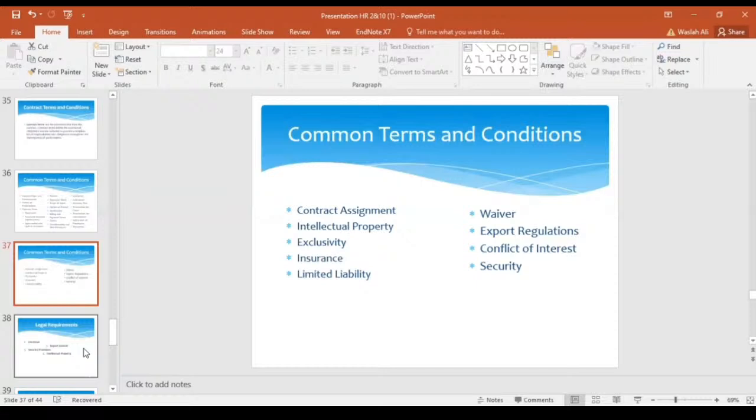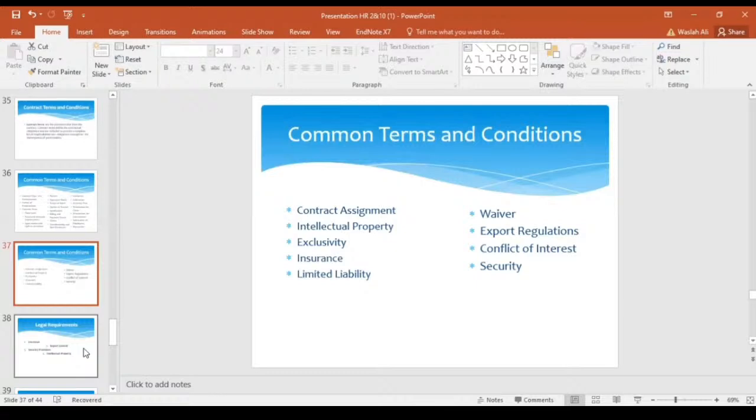Then we have waiver. A waiver is a permit for parties to forego or give up rights. Similarly, we have export regulations. These export regulations include responsibilities that must be performed under the contract requirements and are listed in this type of term. Then we have conflict of interest.